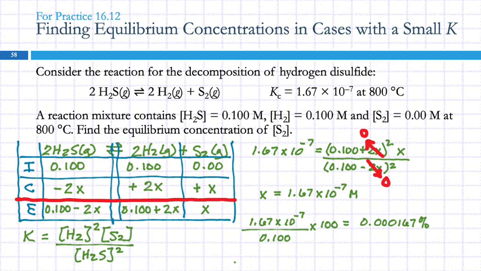So the S2 concentration at equilibrium is 1.67 times 10 to the minus 7 molar. That is a small concentration. But with modern analytical chemistry techniques, we can detect concentrations even smaller than that.